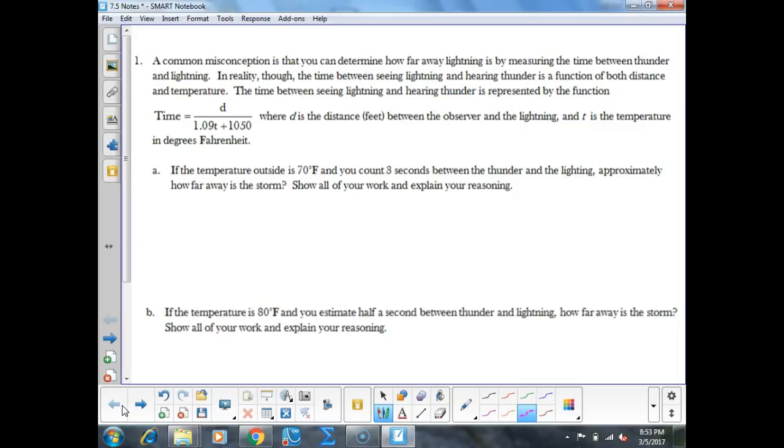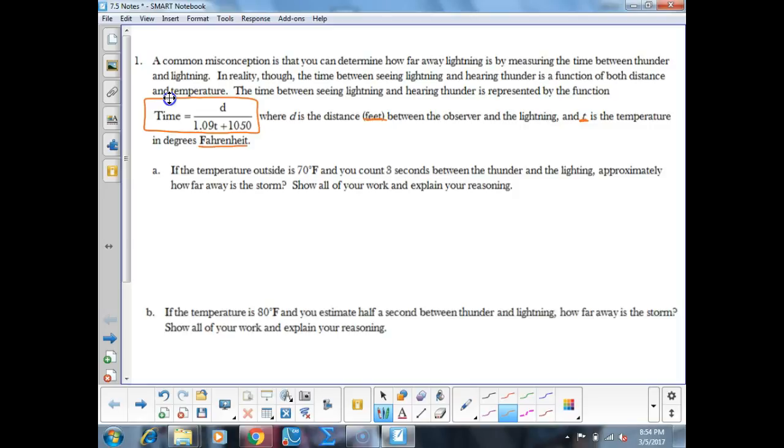The time between seeing lightning and hearing thunder is represented by this function: time equals d divided by 1.09 times T plus 1050, where d is the distance in feet between the observer and the lightning, and T is the temperature outside in Fahrenheit.